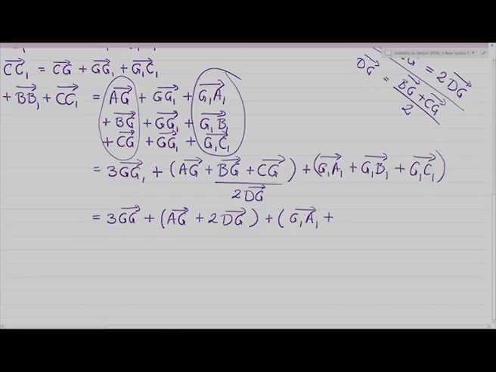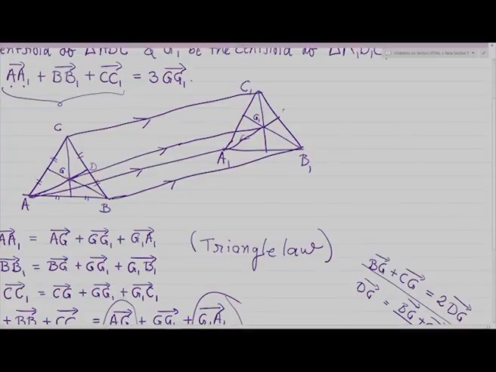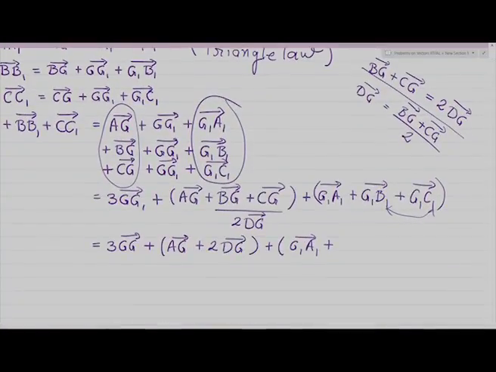So, there is a line which connects the points B1 and C1, and there will be an intermediate point D1. So, let us call this point as D1, and it cuts this into two equal halves. So, I will again apply that section formula and write this as 2 times G1D1 bar. Okay. I missed one here. Okay.